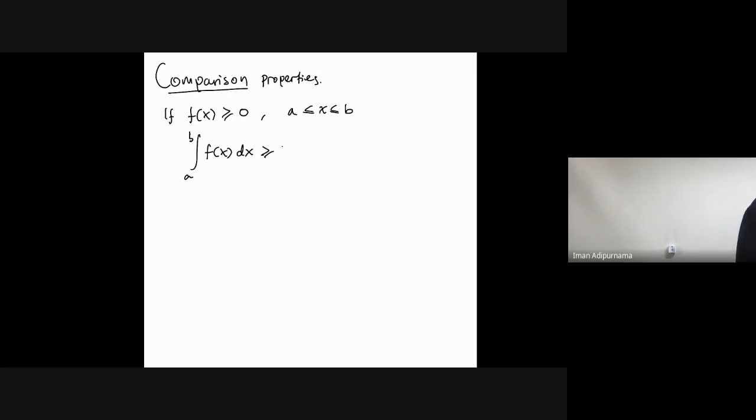The next one we call the comparison property. So if you have a function greater or equal to 0, and you have a and b as your interval, then the integral of the function will be greater than or equal to 0.